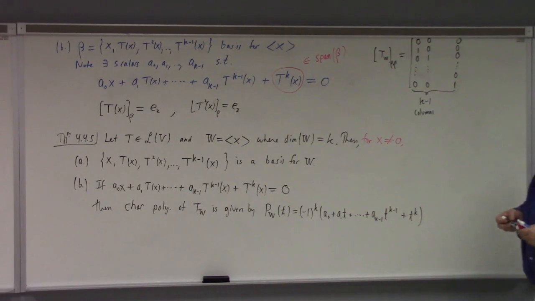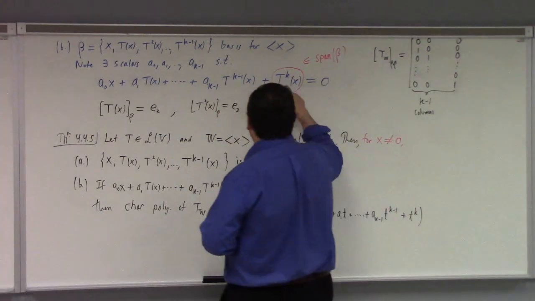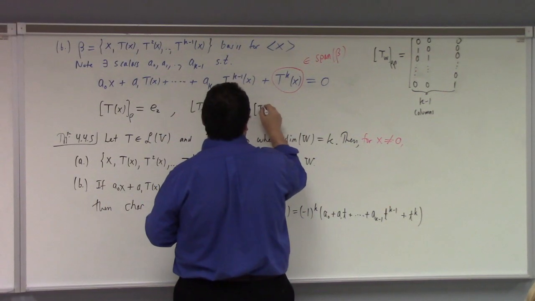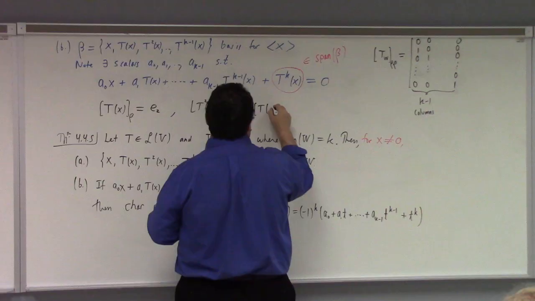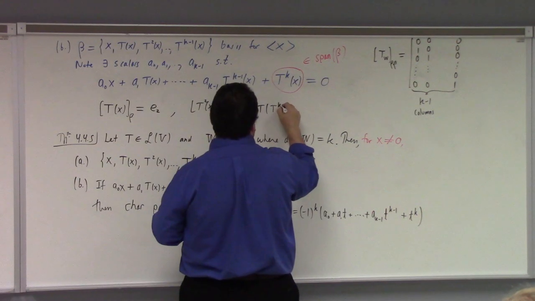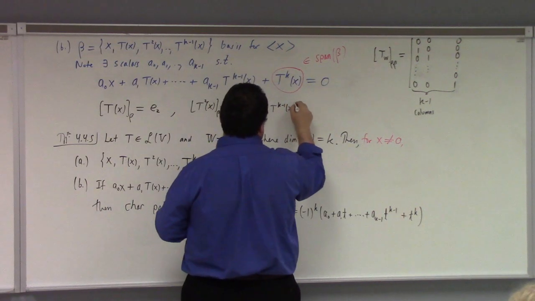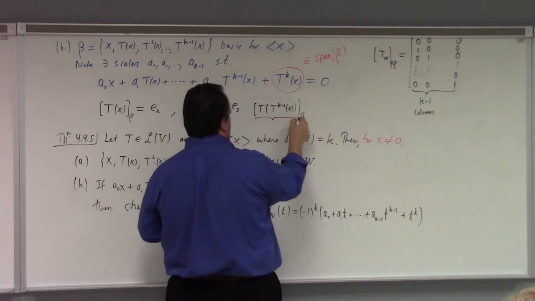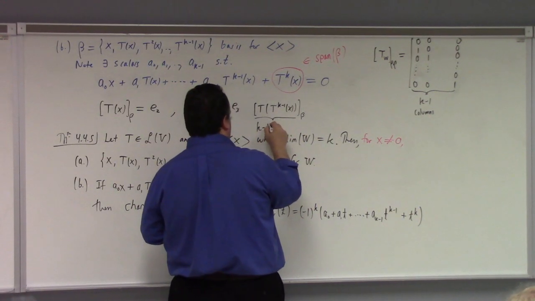The last one's kind of interesting. What is T of the kth basis element? What is T of T^(k-1) of x? That tells us the kth column, right?